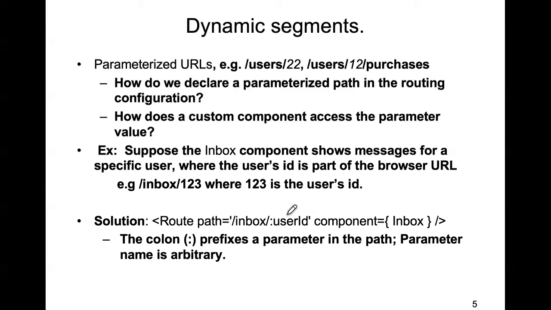And in this case, we've just decided to call the variable user ID. So that's the first question answered. The second question then is, how does the inbox component actually access the particular parameter value that's appearing in the browser's address bar?